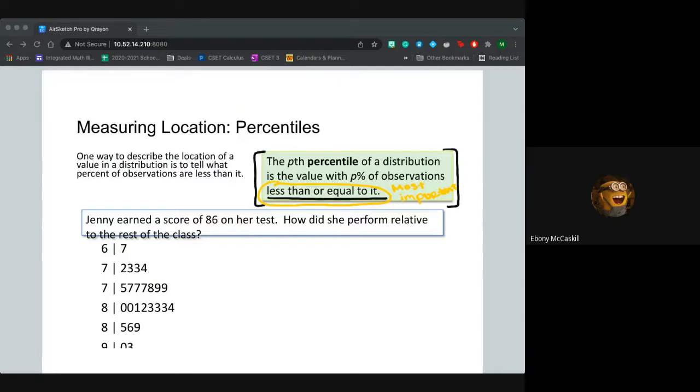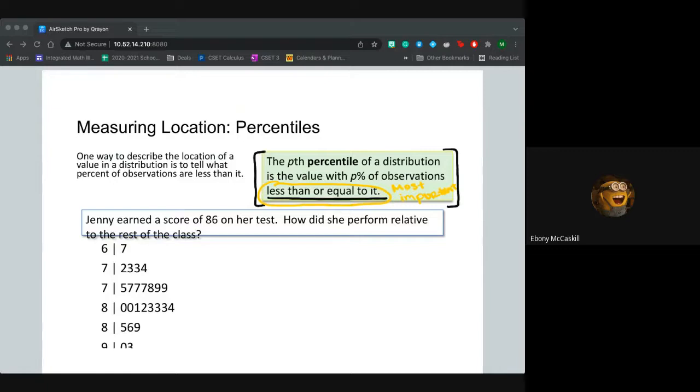So the percentile is going to give you the location. So for instance, if you have looked at some of your test scores and it tells you you're in the 80th percentile, that means that you did better than 80% of the people. If you scored at the 30th percentile, that means that you did better or equal to about 30% of the population.